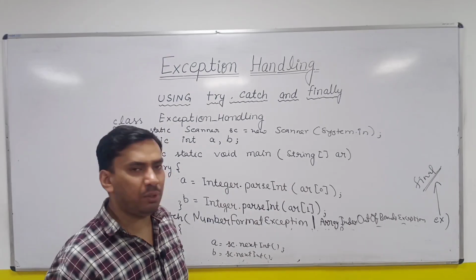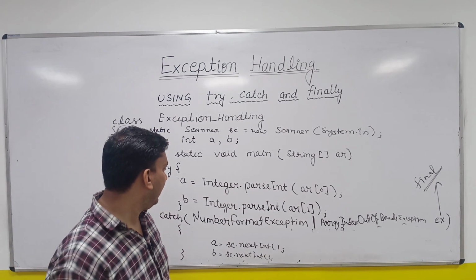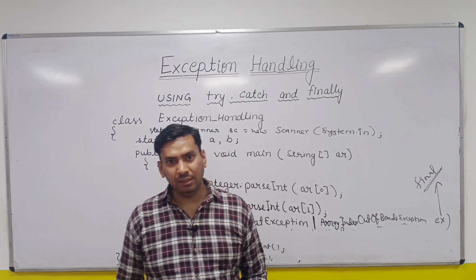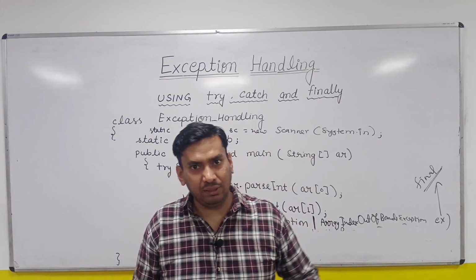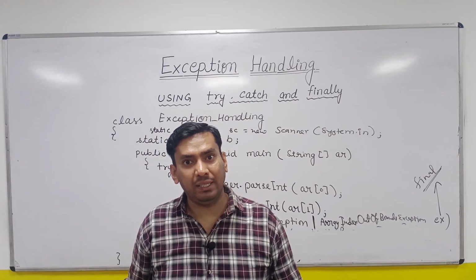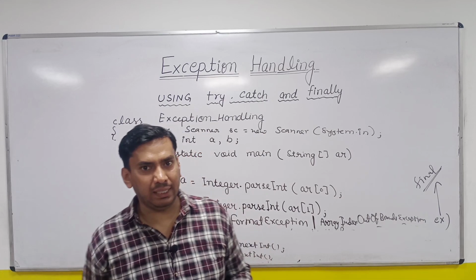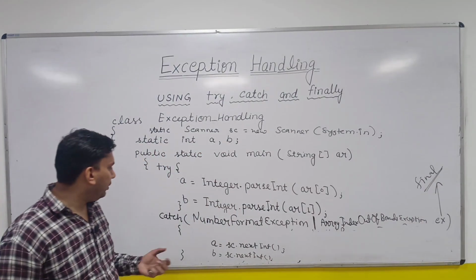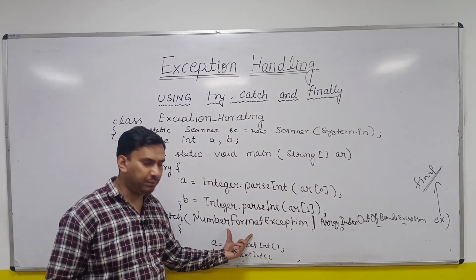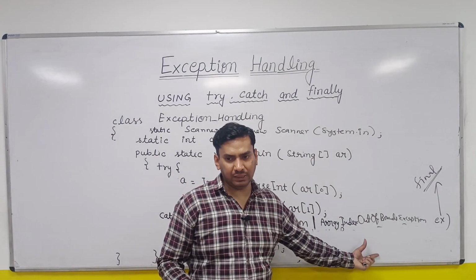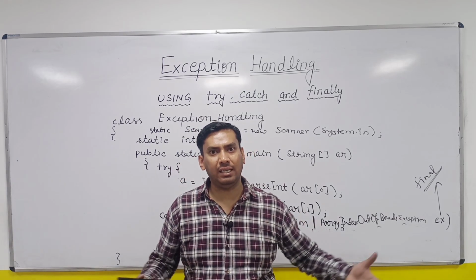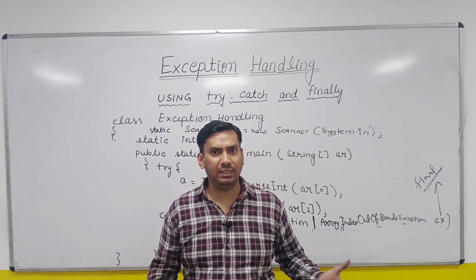The second important point about the multi-catch is that you can mention n number of exceptions here, but those exception classes or types must not be related with a child-parent relationship. What I mean to say is you cannot write here NumberFormatException, IOException or FileNotFoundException, because FileNotFoundException and IOException have a superclass-subclass relationship.